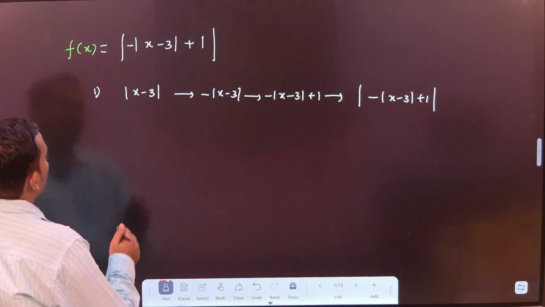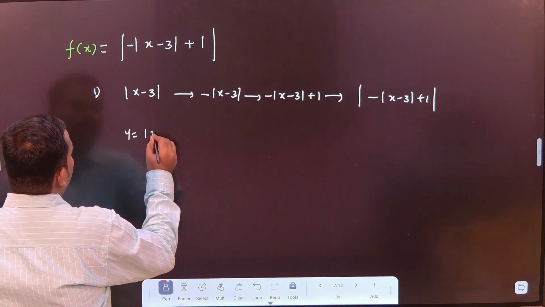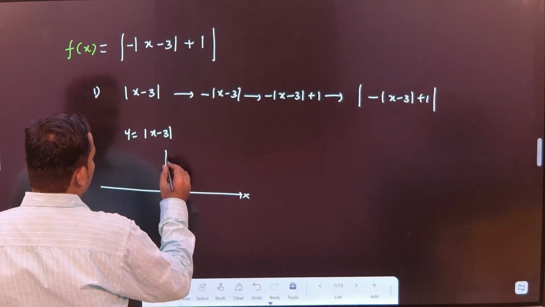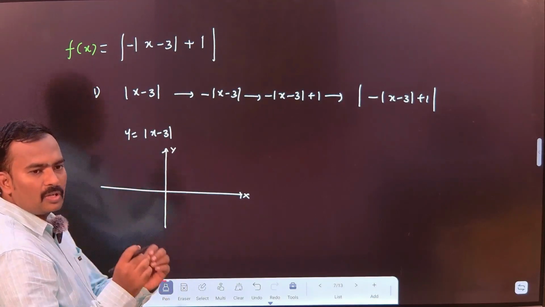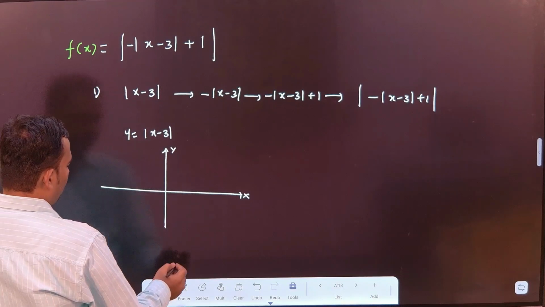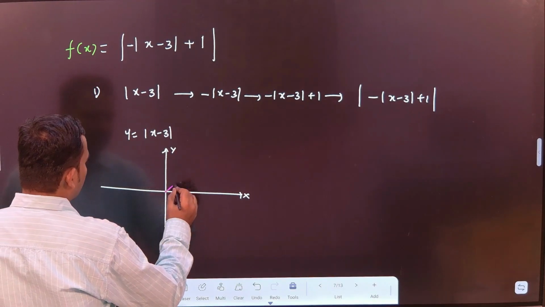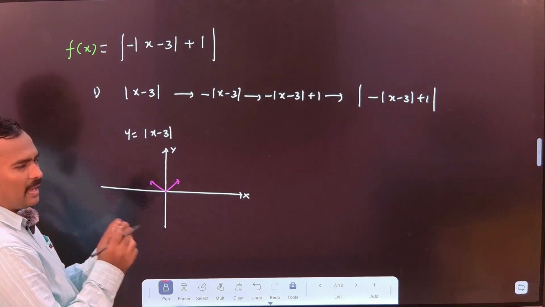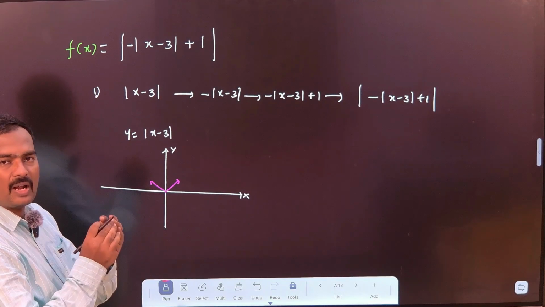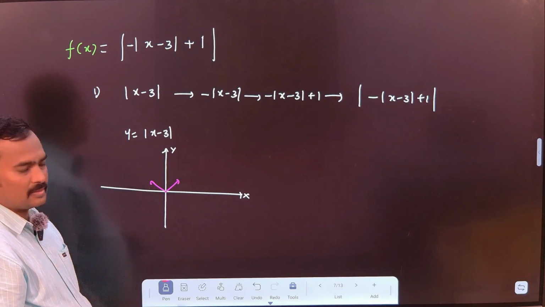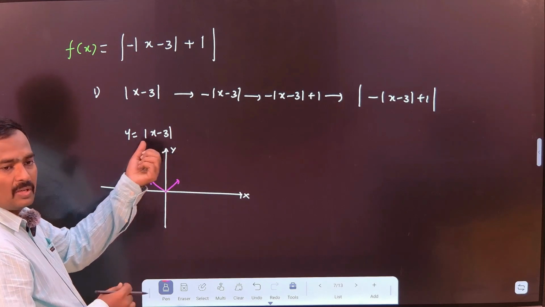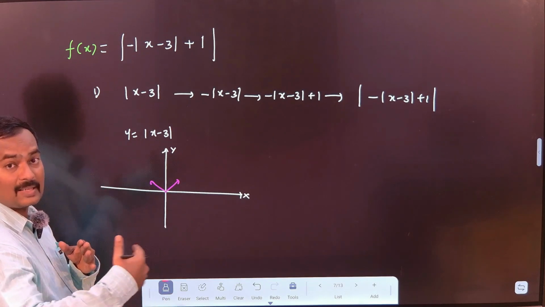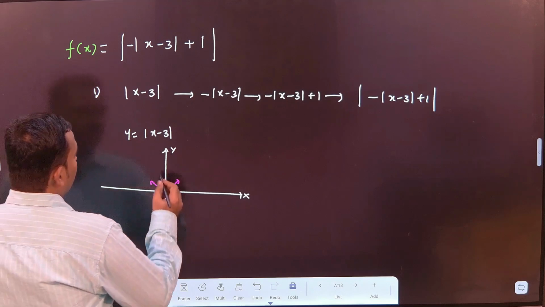First, y is equal to mod x minus 3, and you know how to draw this graph. This is the x axis, this is the y axis. The reference graph is the mod x graph, right? And the minus 3 means you have to shift right 3 units. We already discussed this: it is an input translation. The minus 3 is after x, which means you shift along the x axis.